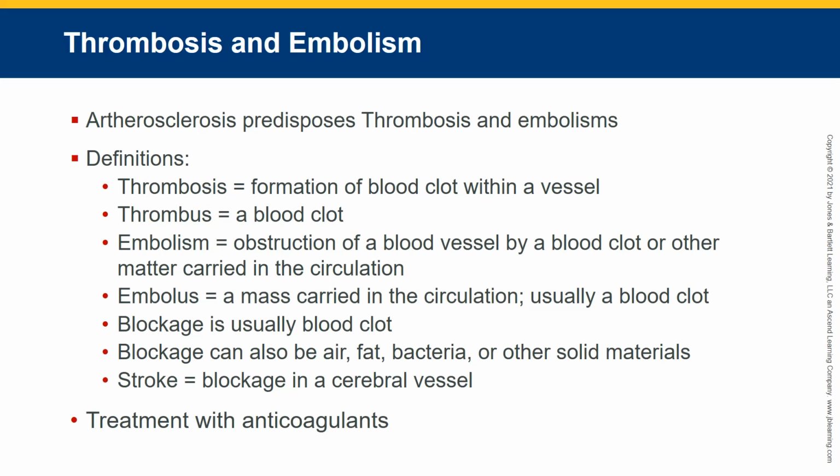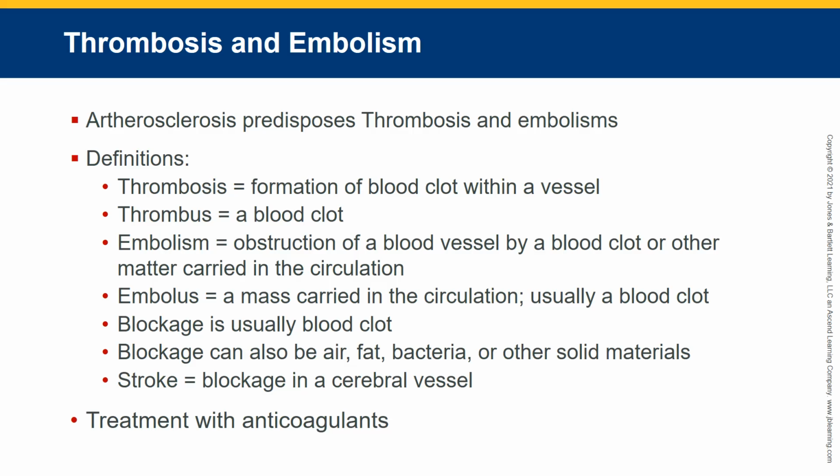So thrombosis, thromb means clot, right? So it's a clot formation within a blood vessel, and we have those tiny little cells called platelets in our body that cause blood clotting, and they are sometimes called thrombocytes, clotting cells, right? So we get a little blood clot in our blood vessel.